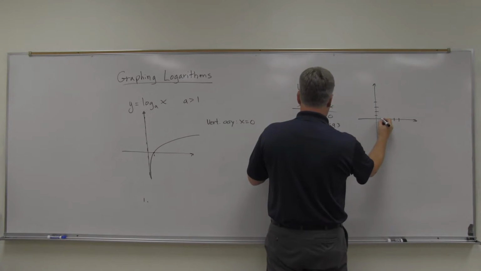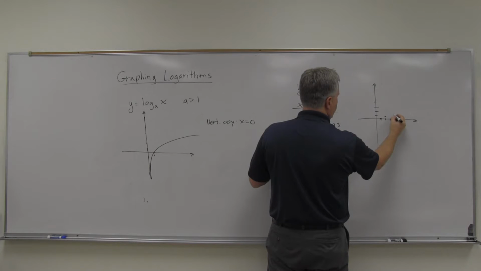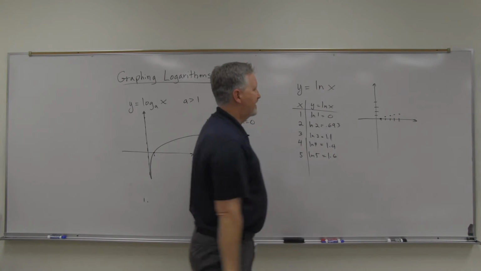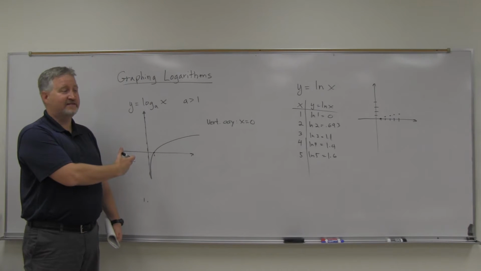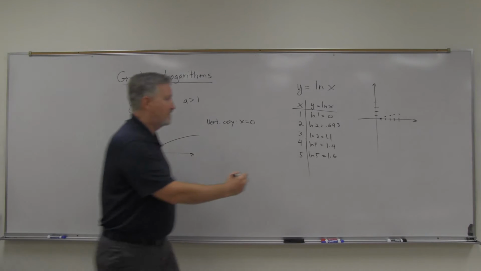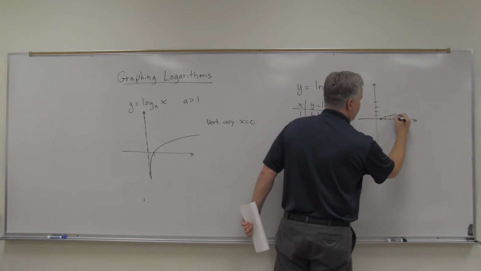Points, so ln of 1 is 0, 2 is 0.693, 3 is 1.1, 4 is 1.4, 5 is 1.6. So it doesn't give me a whole lot, but knowing that this is the basic shape, fill in the rest, all right? So it's going to continue out like that.